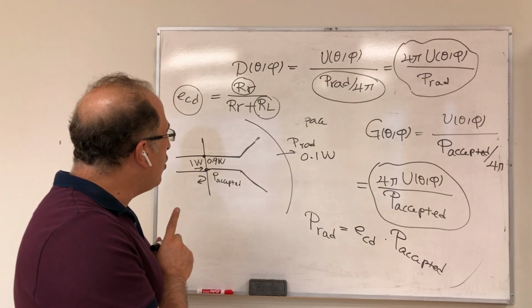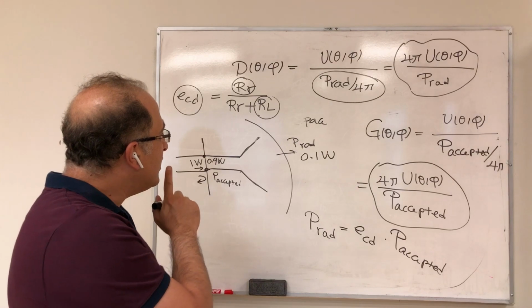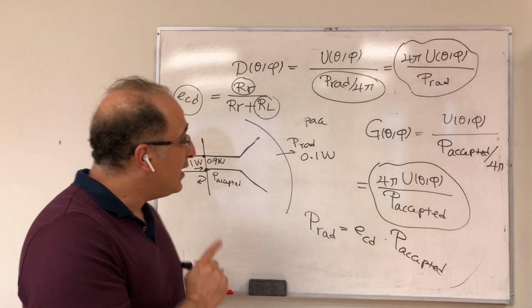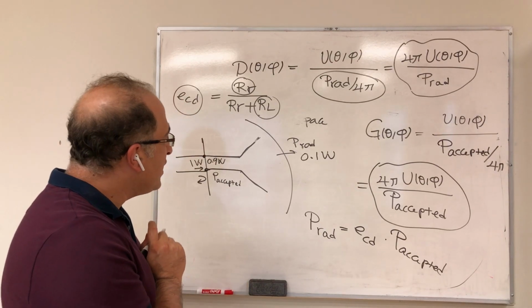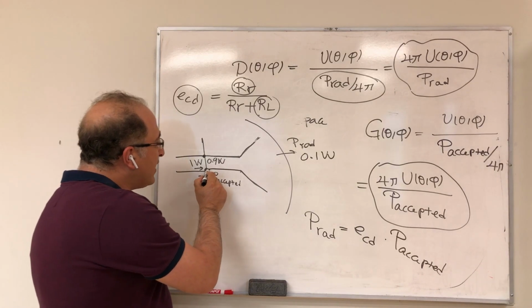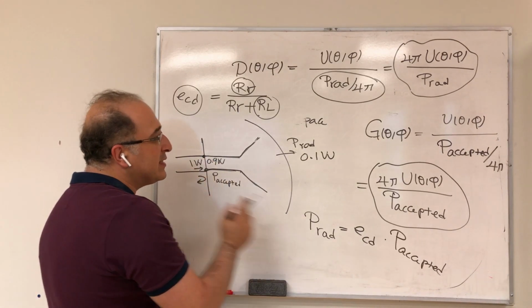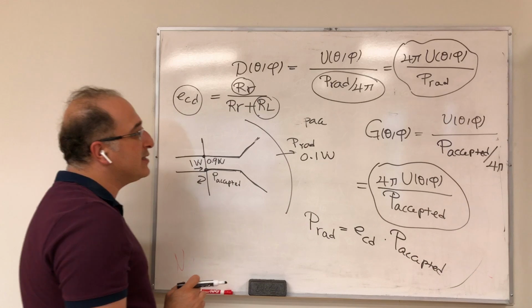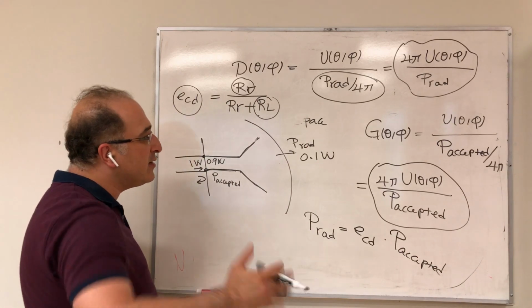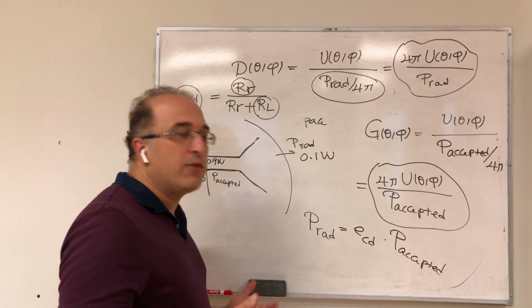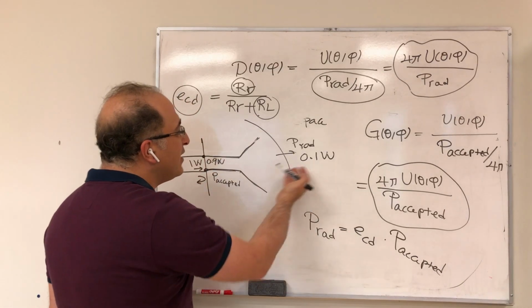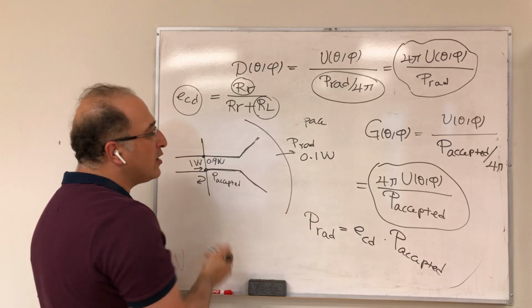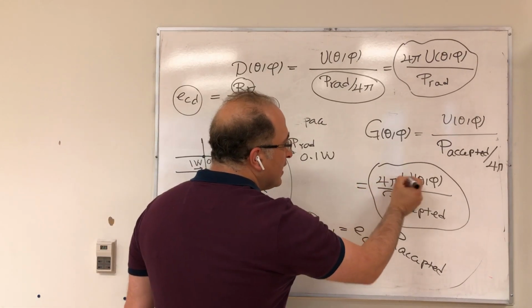But if you go to the gain definition, the story is different, because you are still going to have your radiation intensity, and your radiation intensity is not very good because you radiate less power because it's very lossy. So this number is not very good.